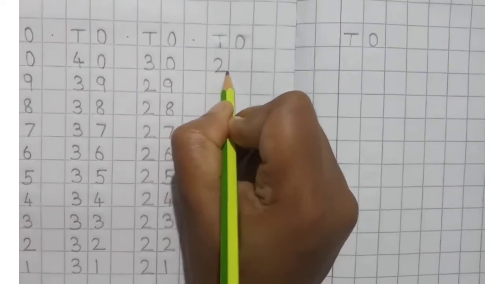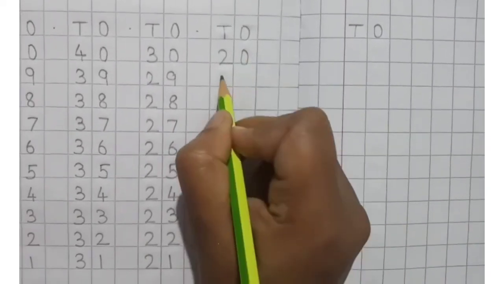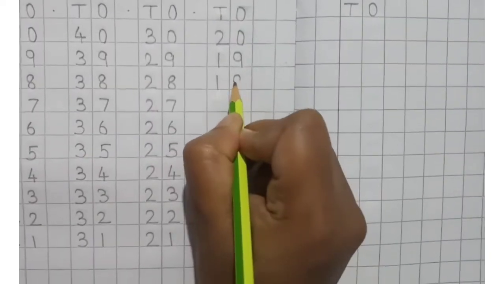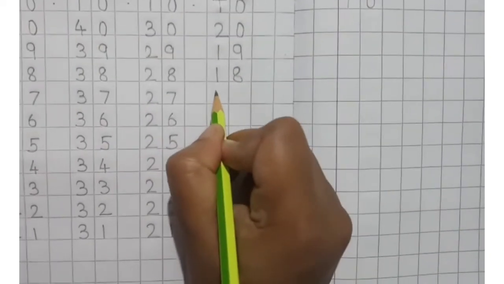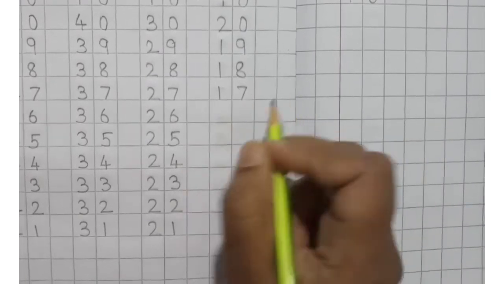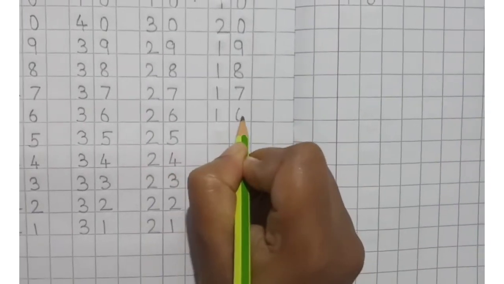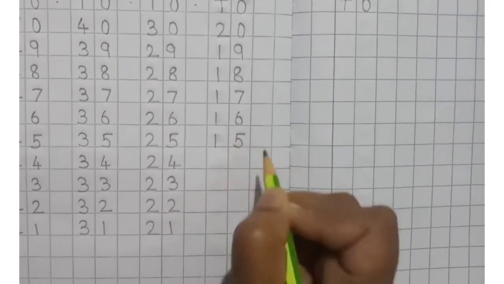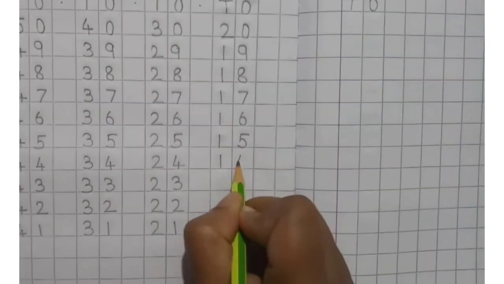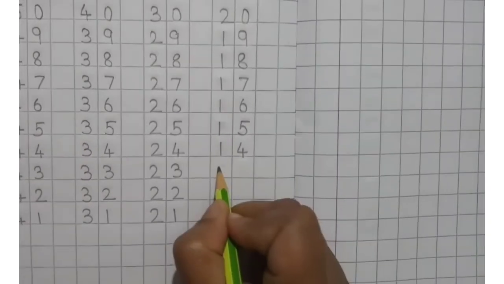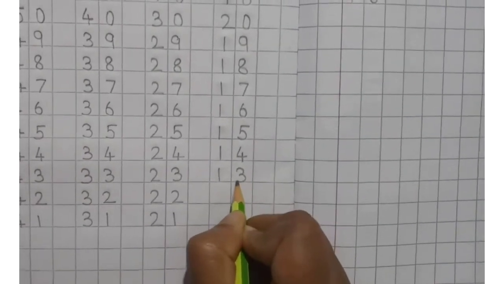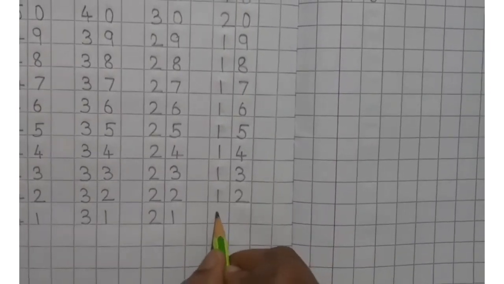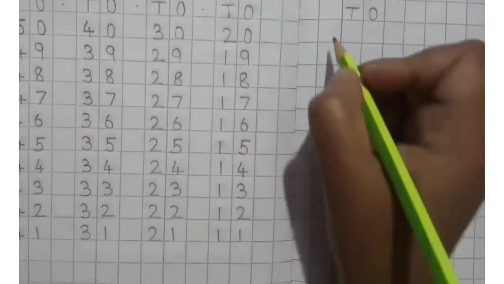Further, 20, 19, 18, 17, 16, 15, 14, 13, 12, 11.